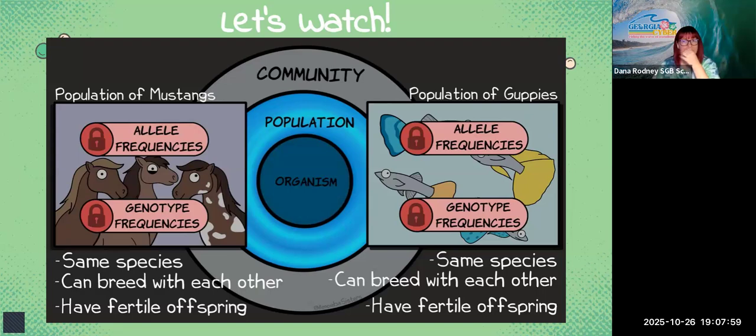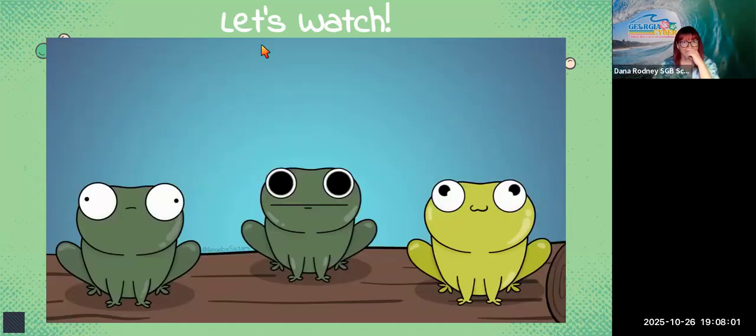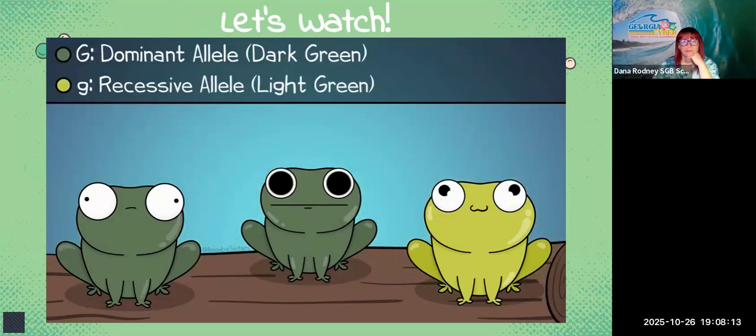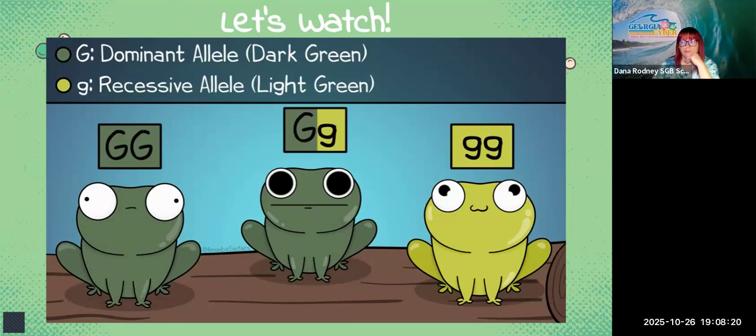If we have these frogs here, assume they are all the same species in this example, but there are some slight differences. In our simplified example, some of the frogs are lighter green and some are darker green. We're going to use a simple genotype in this example. All frogs in this population will be either big G, big G, big G, little g, or little g, little g.